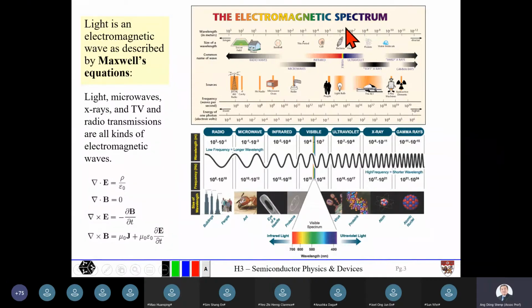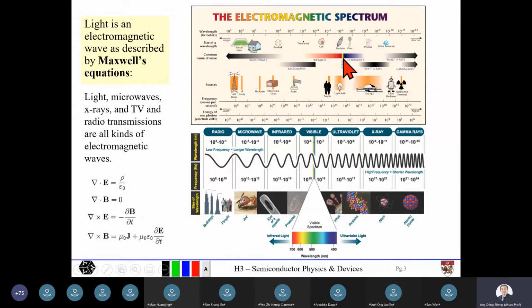Then after that will be the visible spectrum, but before that will be the infrared spectrum, which the human eye cannot see. If you go towards a wavelength of about 700 nanometer, you will start to see red light. Red light is around 700 nanometer.